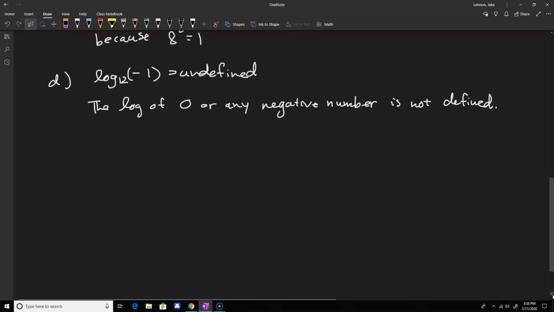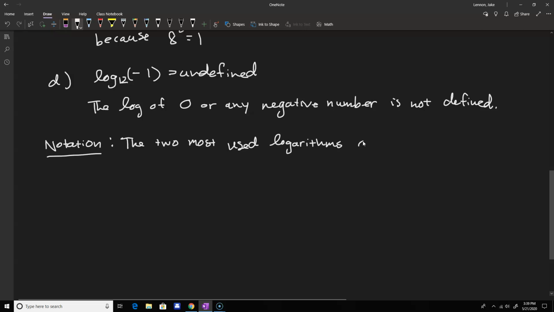Okay, so let's talk about some notation because there are two special logarithms that come up. So the notation, the two most used logarithms are written with their bases understood.